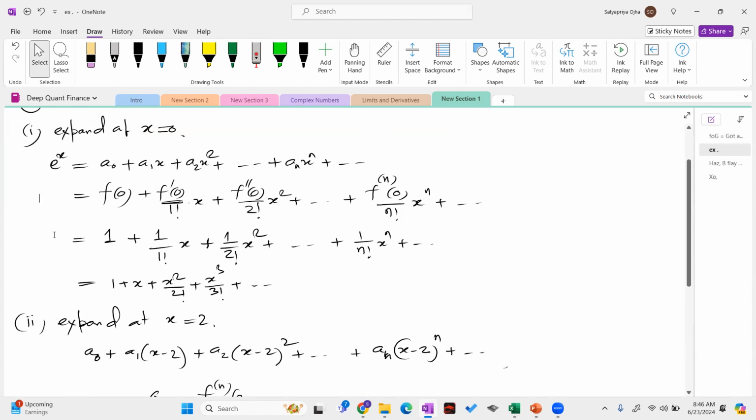But a more interesting limit is this. Limit x tends to 0, e to the power x minus 1 divided by x. You can clearly see e to the power x minus 1, then divide by x will be 1. Because you start with 1, then one of the x will get cancelled, and then when you put x equal to 0, you'll have 1. Everything else will vanish.